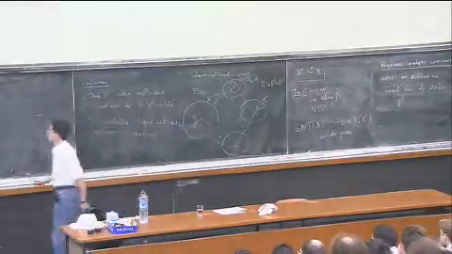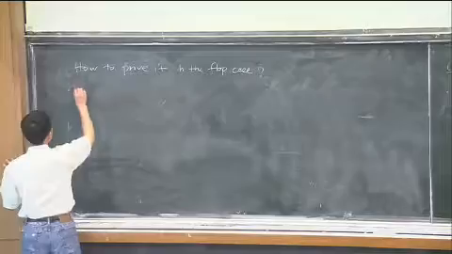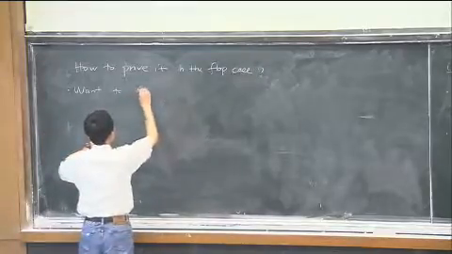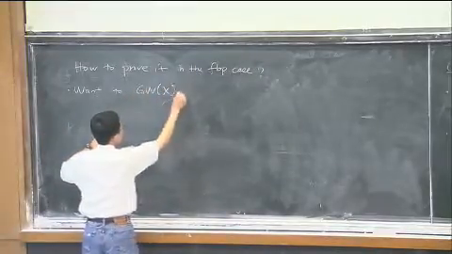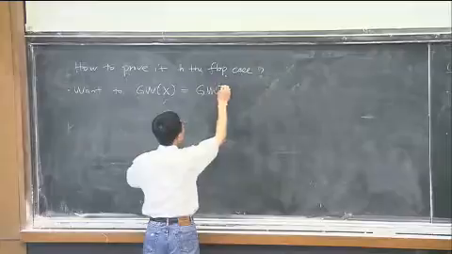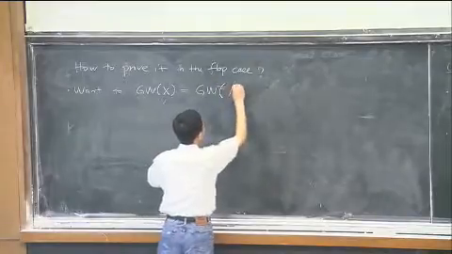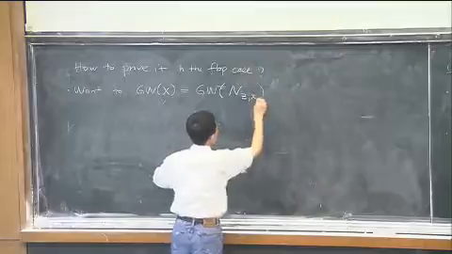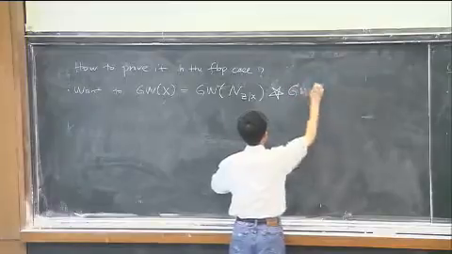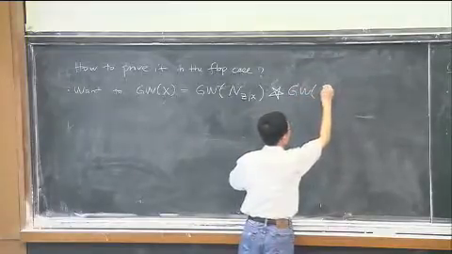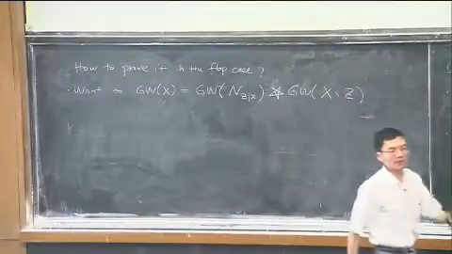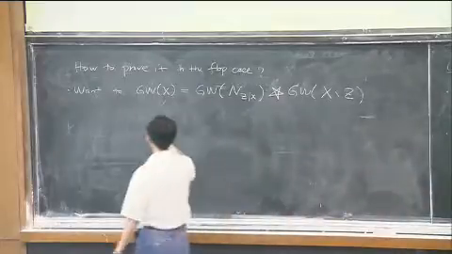So the first observation is I want to say the Gromov-Witten theory of X is somehow the Gromov-Witten theory of a neighborhood of Z inside X, combined with the Gromov-Witten theory of the outside, X minus Z. If I can do that, that would be great, because then you write this down.